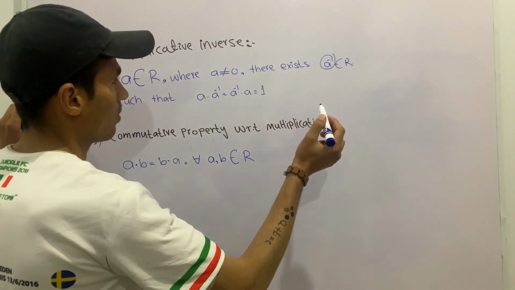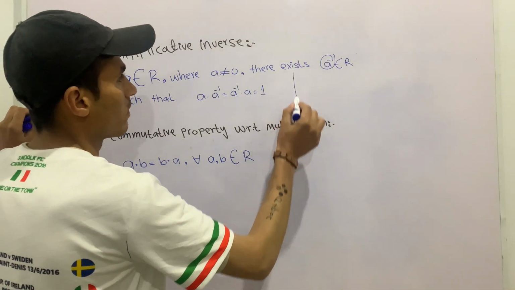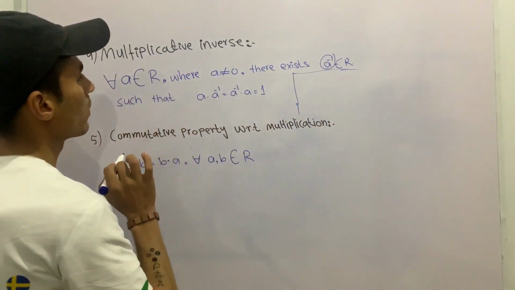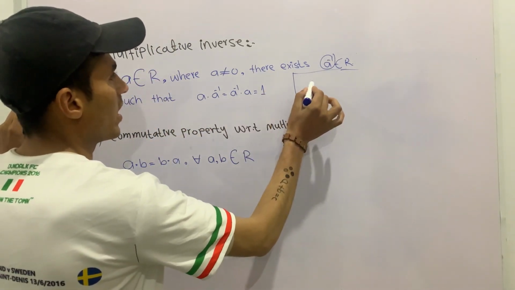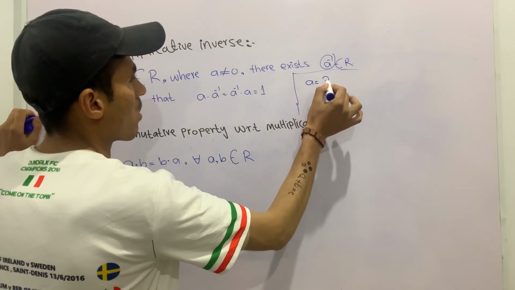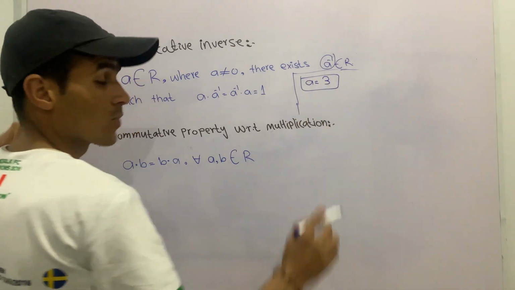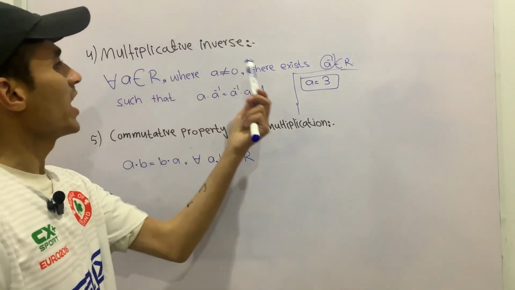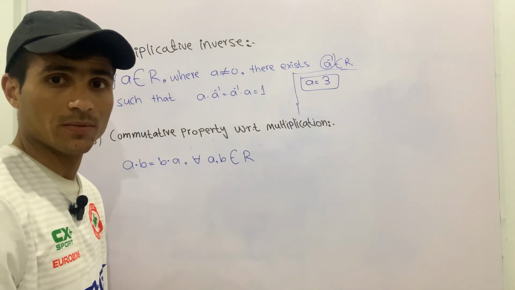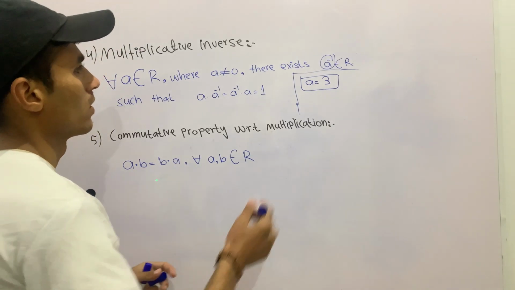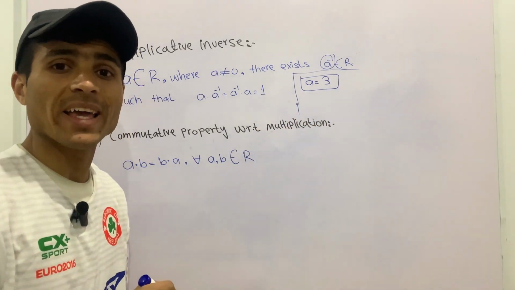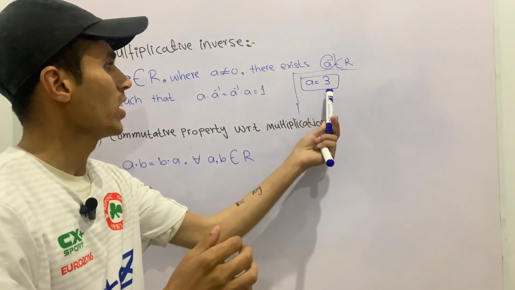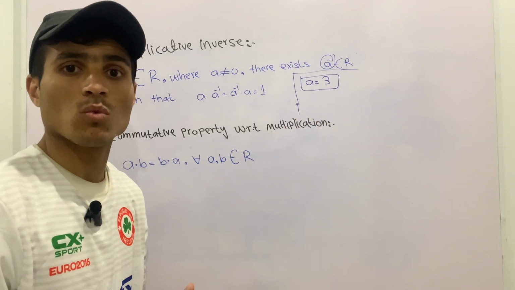Look at an example. You will understand through example completely. If I write for you A equals 3, and you are asked what is the multiplicative inverse of the number 3, you should multiply any number with 3 such that 3 multiplied by that number equals 1.